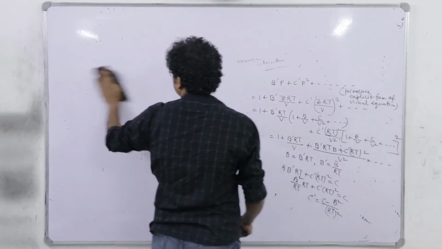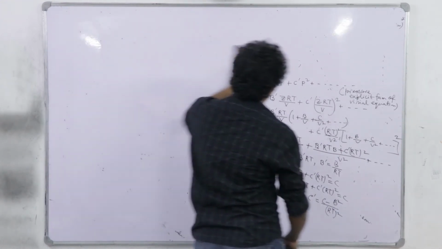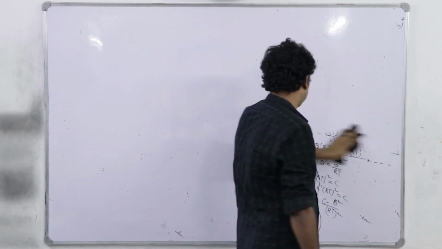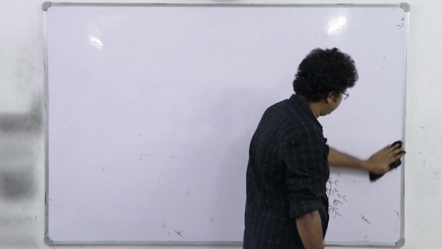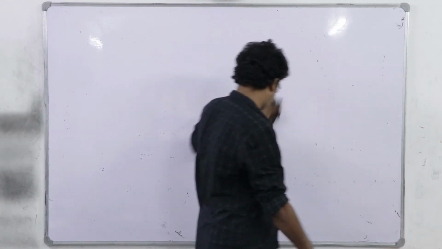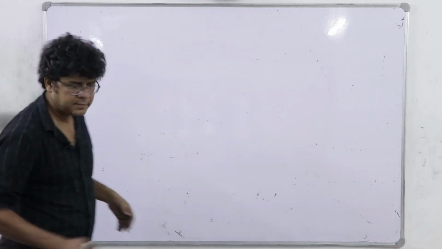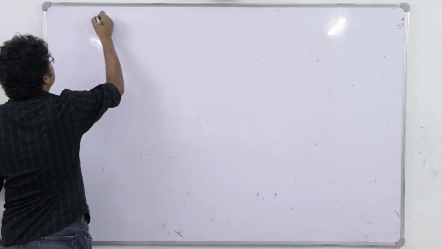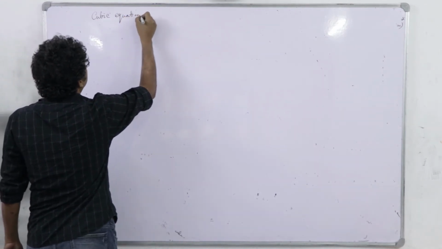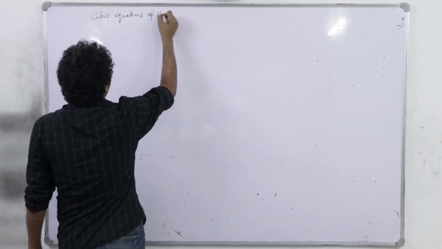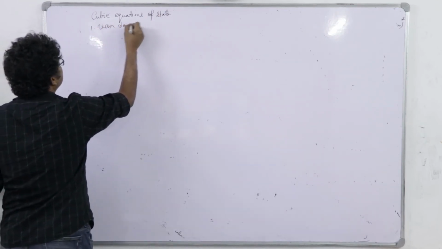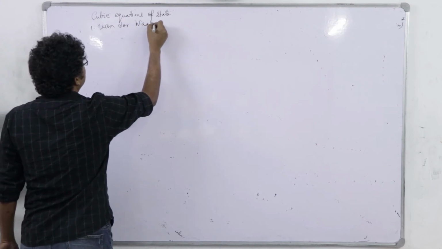So, the first cubic equation of state was introduced by van der Waals, and that is why the very basic equation with which we start this understanding of cubic equations is the van der Waals equation. So, the first one is van der Waals equation.